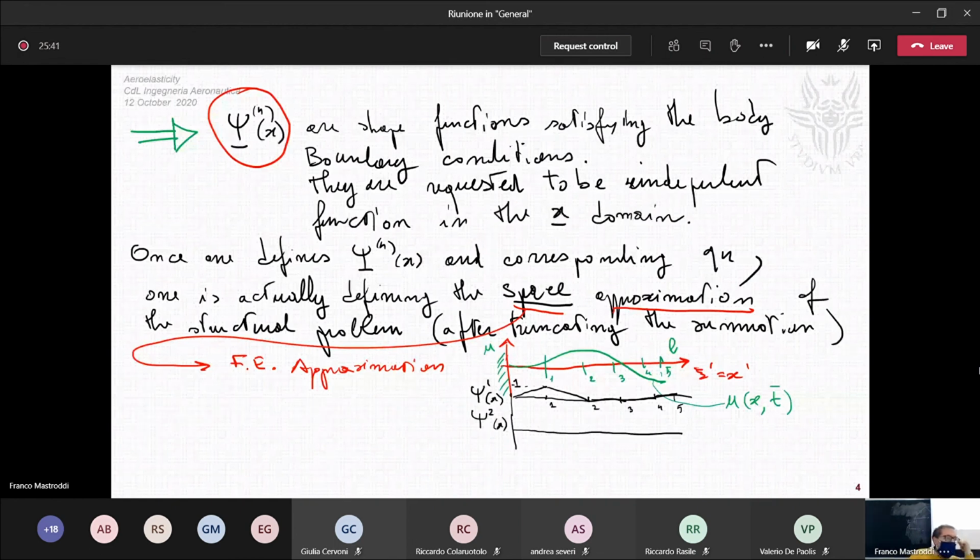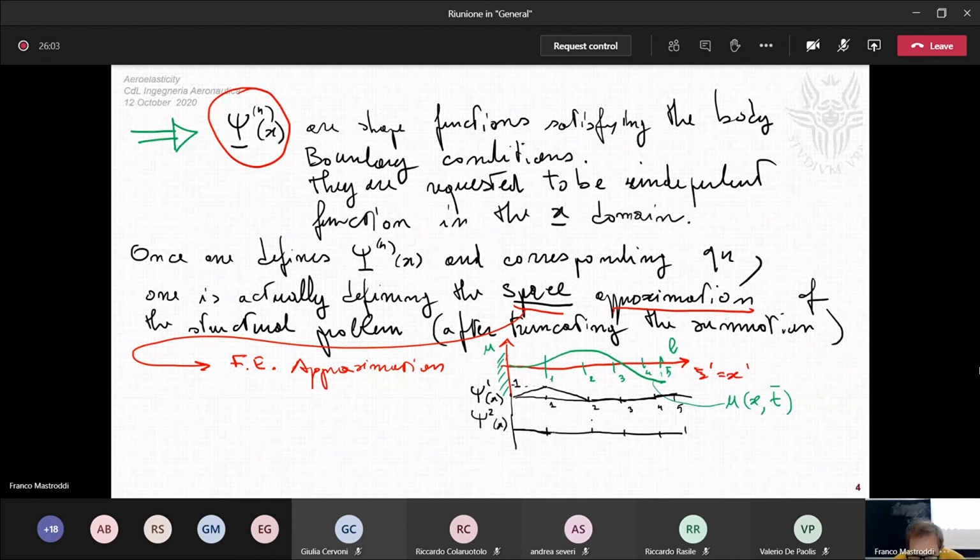This is the practical idea to have a base function for your problem, independent functions. Okay, the functions I am going to define are a very characteristic way of defining independent functions.